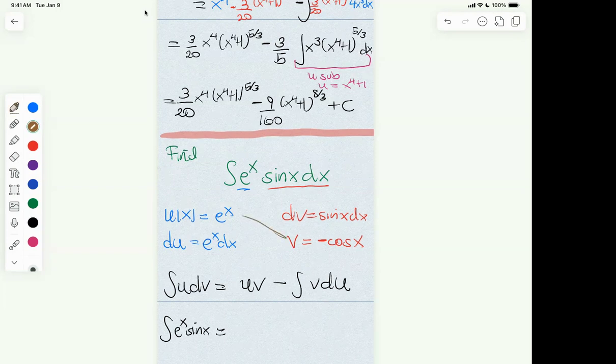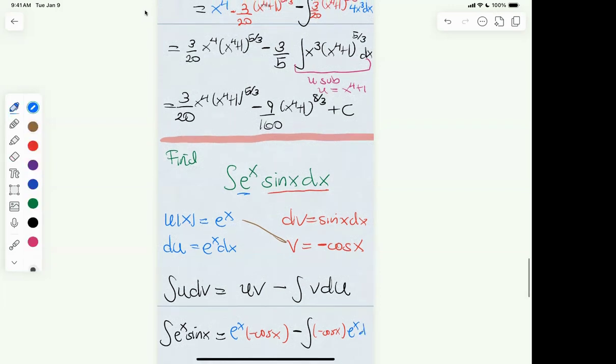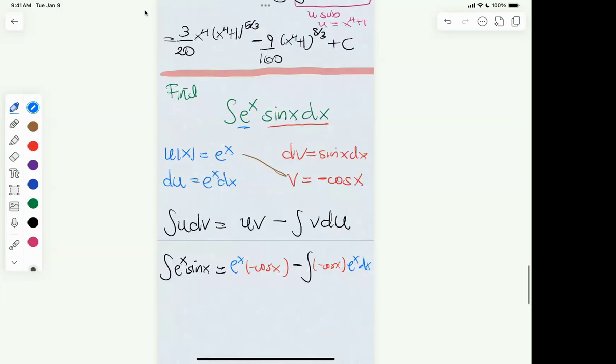UV is e to the x times negative cosine of x minus the integral of v du. V is negative cosine of x, right? And du is e to the x dx. That okay? Is that making sense?